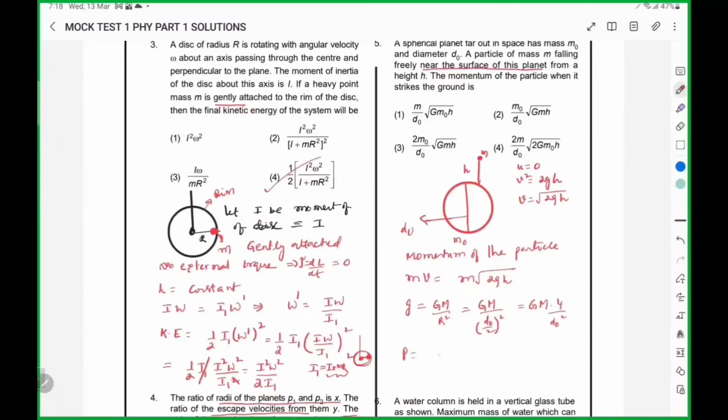So momentum is m into root of 4 G M naught by d naught square into h, which is 2m by d naught, root of 2 G, here M naught is the mass of the planet, into h. So fourth option is correct.